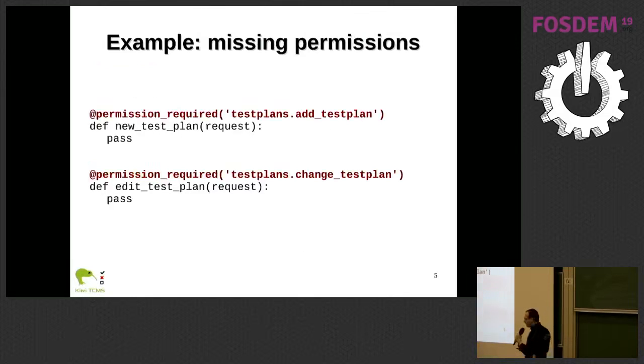Another example is this is especially true in big projects, in legacy projects, and old source code. You can use static analysis tools to help you find possible sources of problems, of bugs. And we have had the problem of missing permissions. So we have views which process requests from the browser, and they are missing the permission required decorator. So that's really bad.